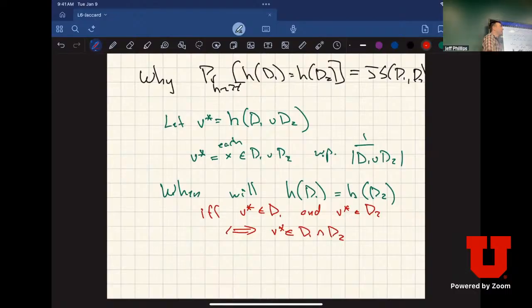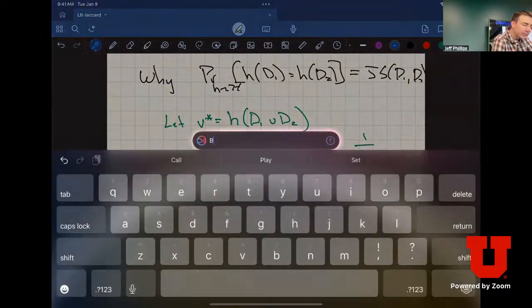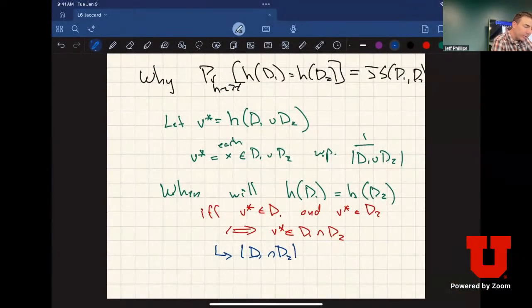How many options do I get in the intersection? Okay, so that means I have the cardinality of D1 intersection D2 options.